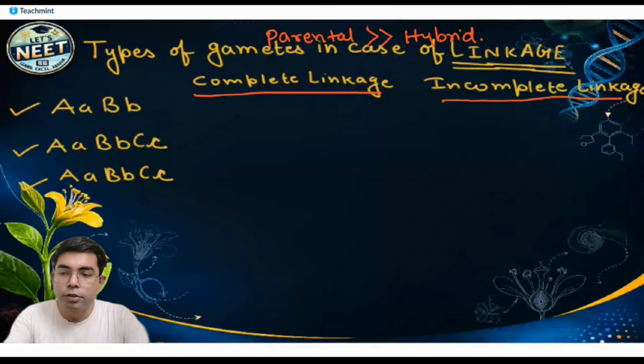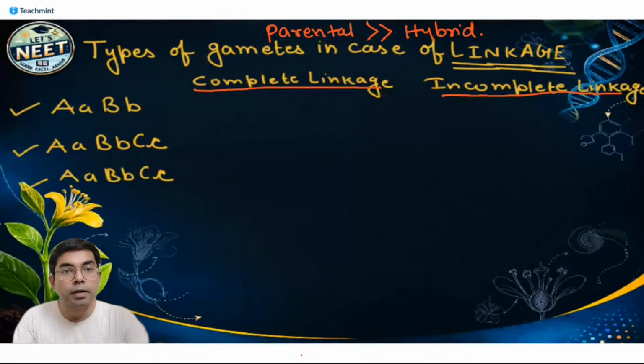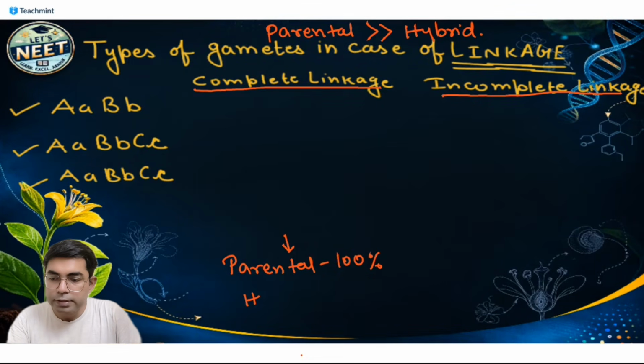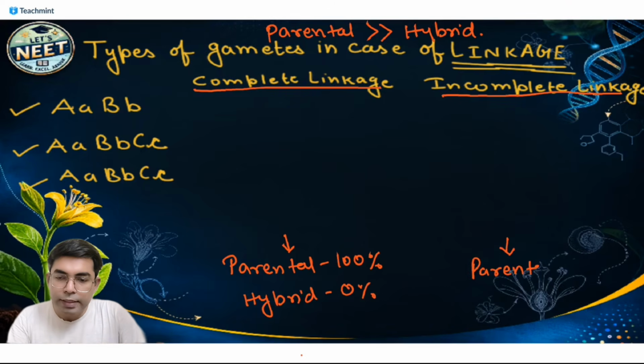So first we have to understand this difference. In case of complete linkage, parental is 100% and hybrid is 0%. On the other hand, in incomplete linkage, both parental and hybrid are there, but parental is greater than 50% and hybrid is less than 50%.